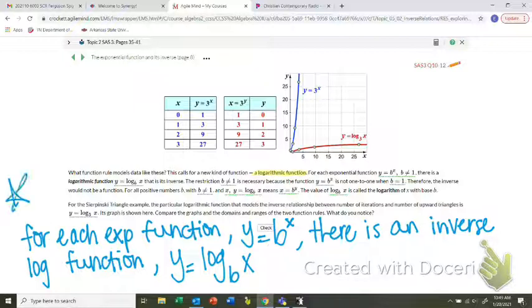And we will talk so much more about this in a later topic. But for now, you need to know the inverse of an exponential is a log.